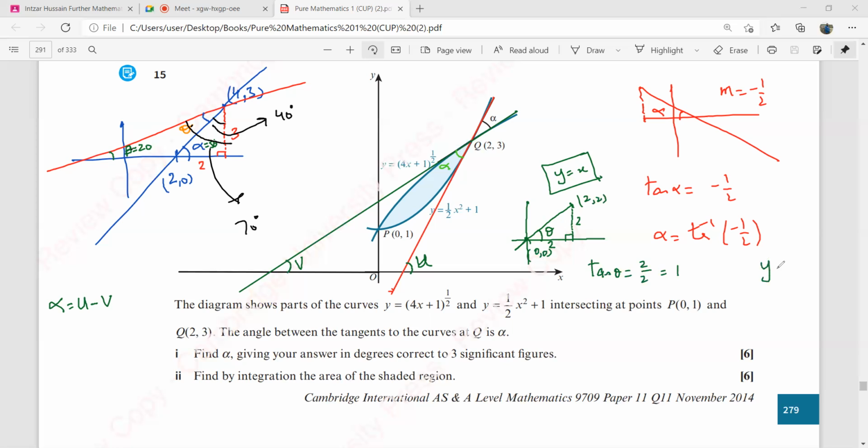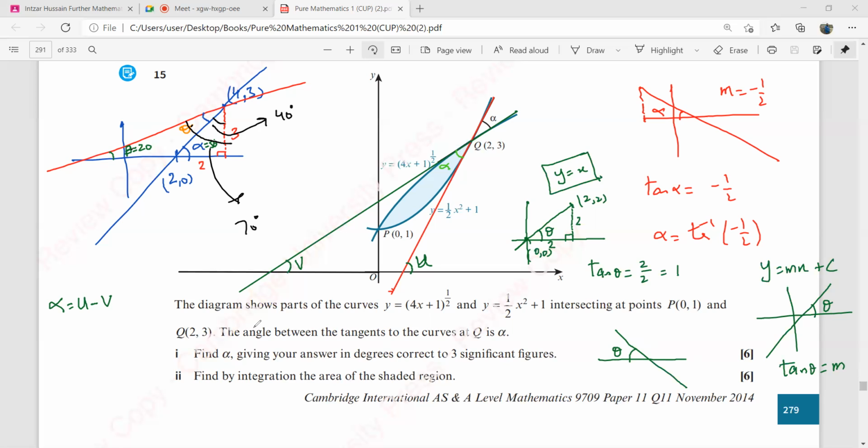If you have a line y equals mx plus c, here is the theta, so tan theta is equal to m. And if you have a line with a negative gradient, you will have to ignore the negative sign to determine this basic angle over here. That is the first thing.